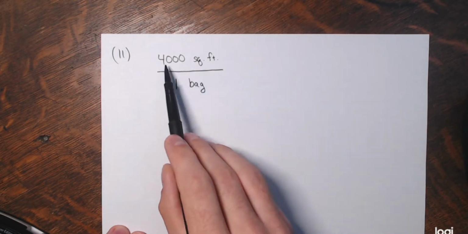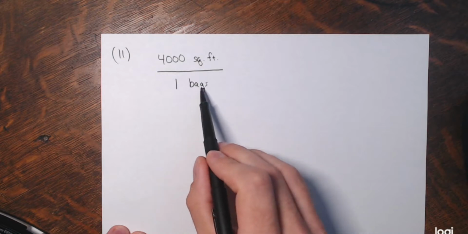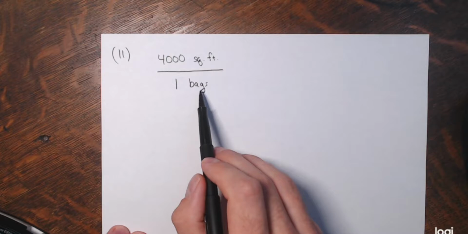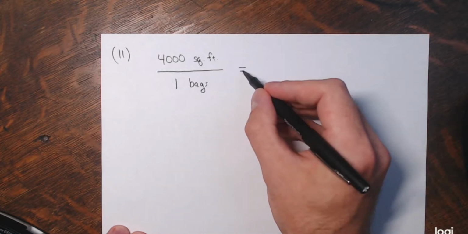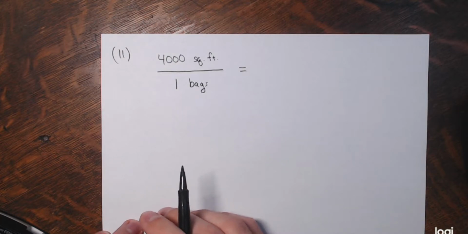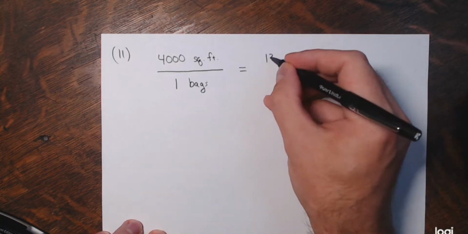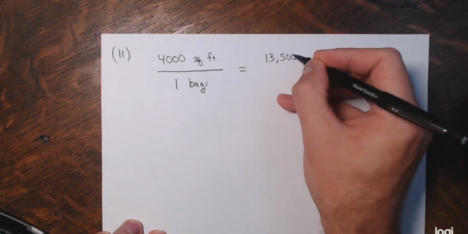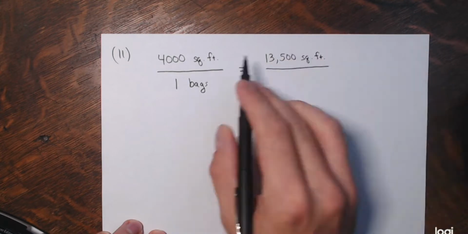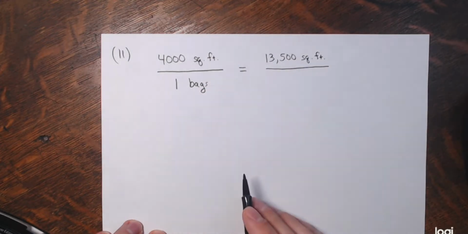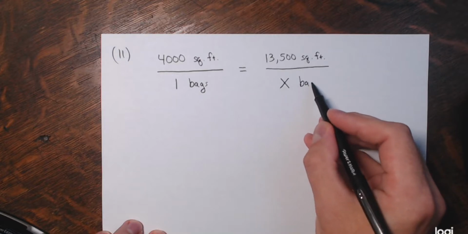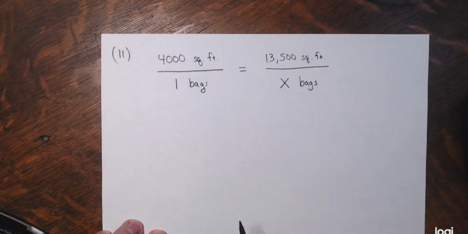So, 4,000 square feet per one bag. There's that ratio. And that should be equal to the ratio Phil uses for his lawn. Now Phil's lawn, they said, is approximately 13,500 square feet. And so I'm putting that in the numerator of this ratio, because again, the numerator units should be consistent. And the question is how many bags of fertilizer? That's the unknown, so divided by X bags.